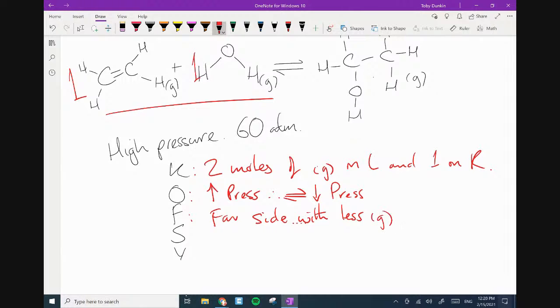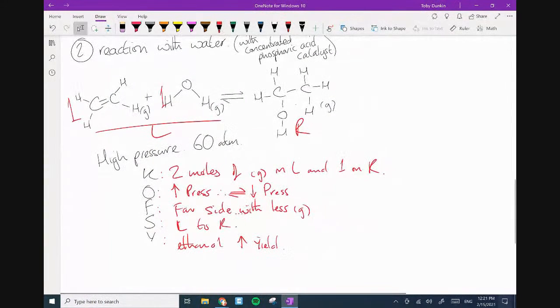So we shift left to right. Ethanol, increase yield. Well done. Great job for saying high pressure.